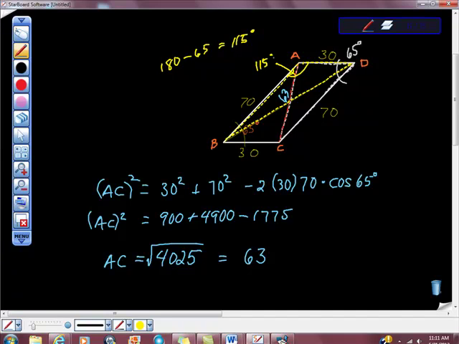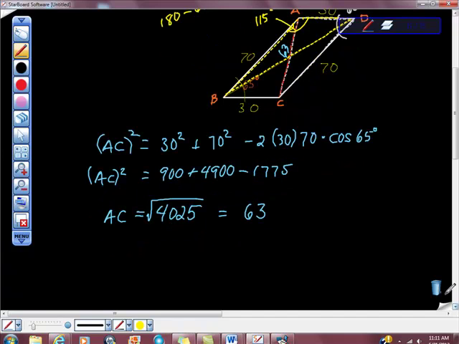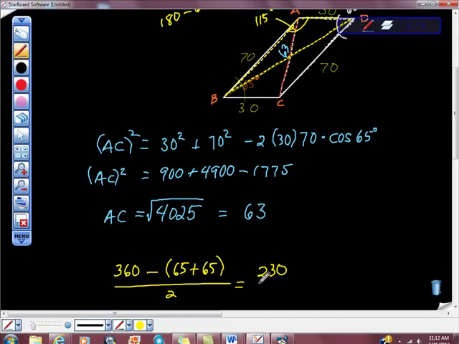I also know that the interior angles of a quadrilateral have to add up to 360.